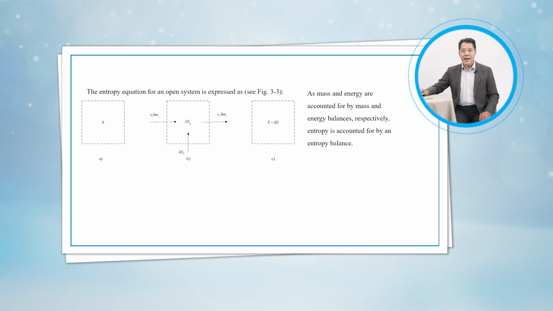As mass and energy are accounted for by mass and energy balance respectively, entropy is accounted for by an entropy balance. Unlike mass and energy, which are conserved, entropy is produced within the system whenever non-idealities, such as friction, are present.